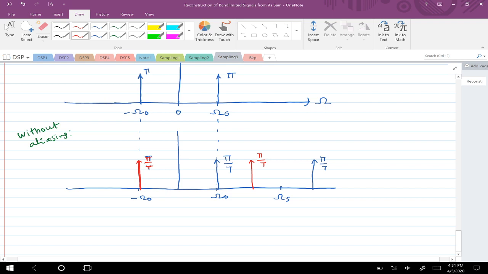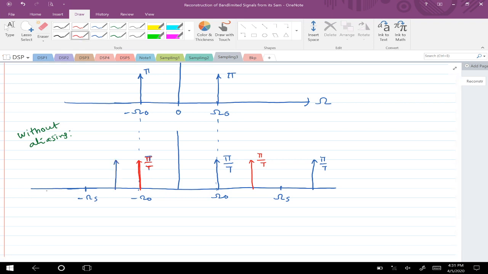Okay, I could even drop writing the magnitude for the rest. Let's also plot it for the other side here. Assume somewhere here is minus omega s. So the left side copy is pi by T magnitude here.